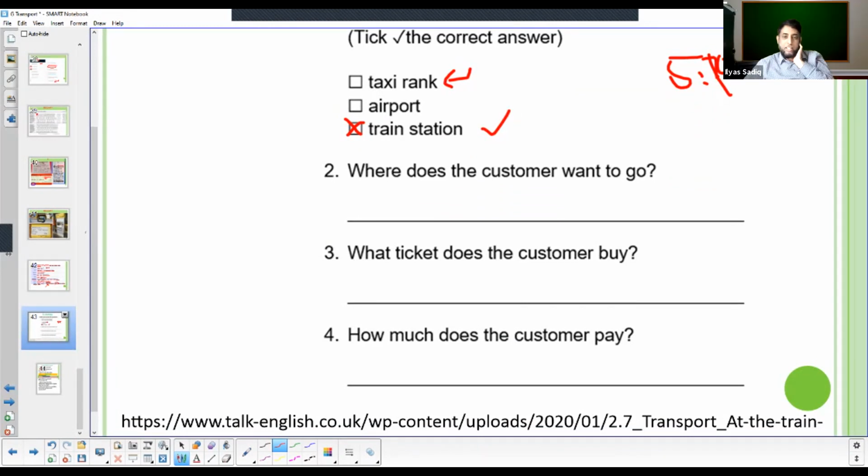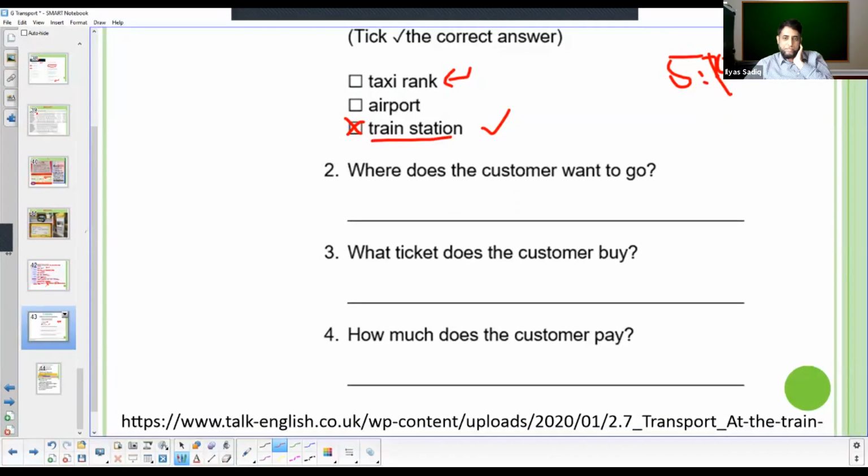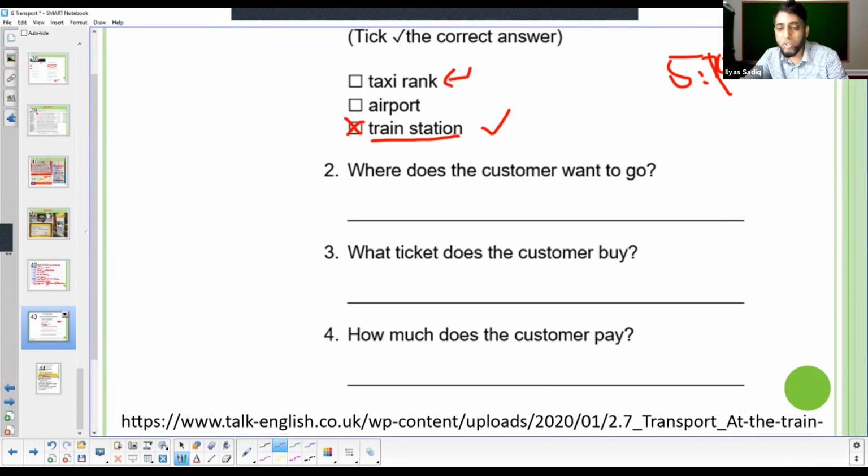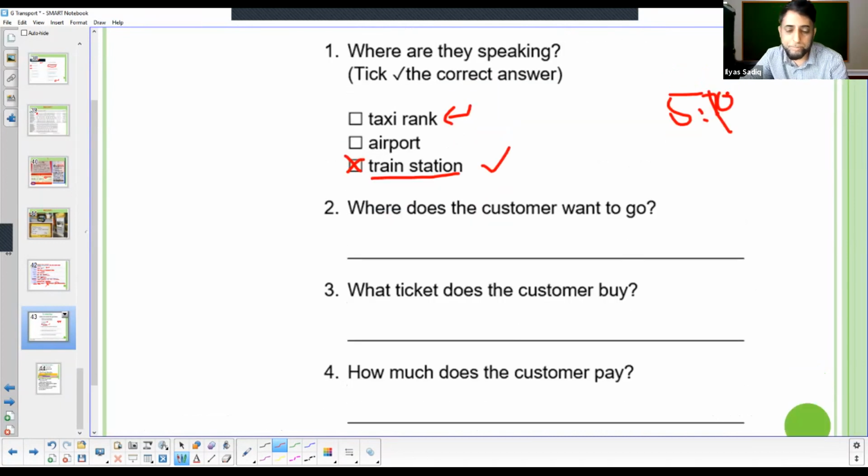Here in Wales, we have small towns. So she's not traveling within the city. She's going to some other city, because trains don't go within the city; they go out of the city to another city. So she must be going to London.